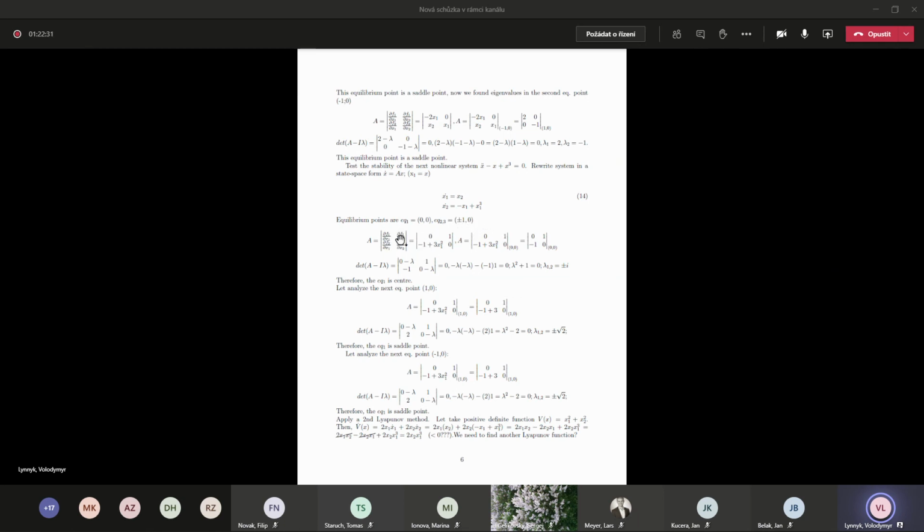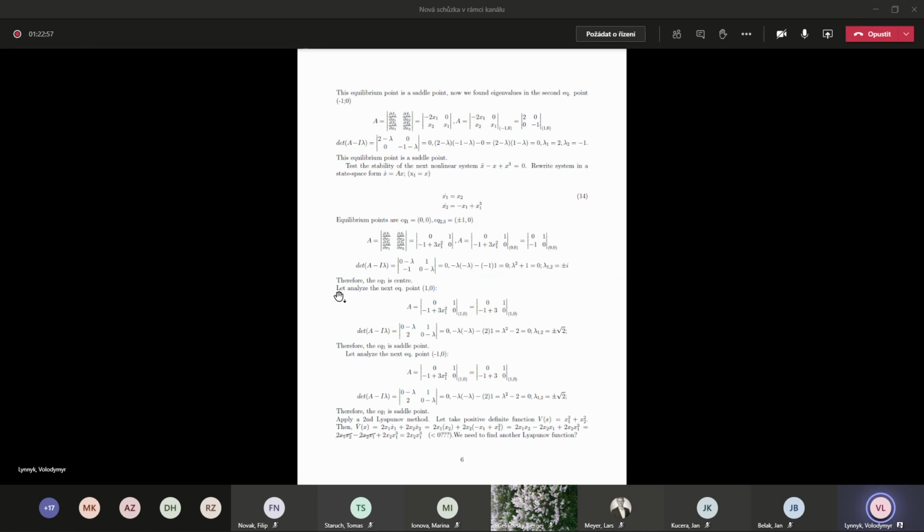Then we apply the indirect Lyapunov method, this first Lyapunov method, and for equilibrium point (0, 0) the eigenvalues are equal to plus minus j, and therefore this is a center, we can't say anything about the stability of the overall system.